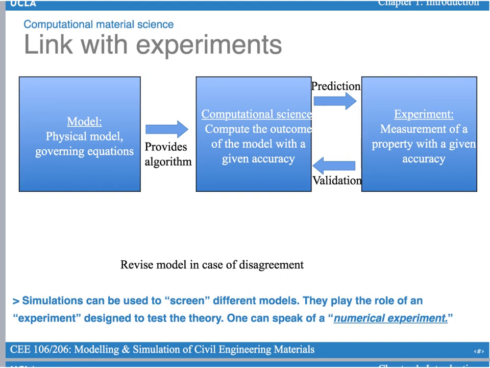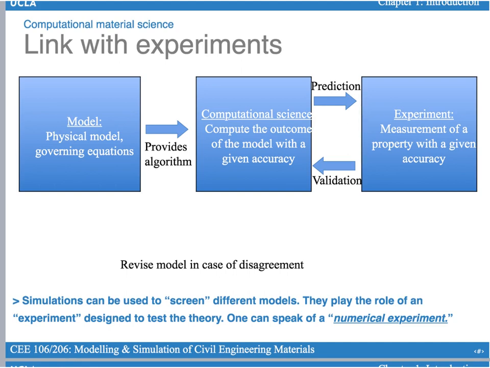In the same way that an experiment measures the response of a real system to certain types of stimulation, a simulation predicts the outcome of a model based on certain types of input parameters. In that sense, you can describe simulation as being a numerical experiment, in the same way that an experiment would investigate the response of a given material.